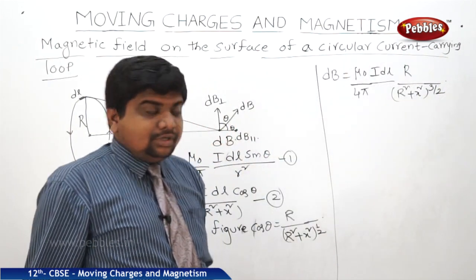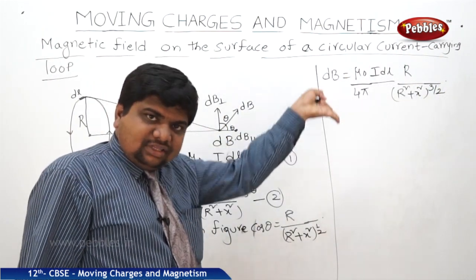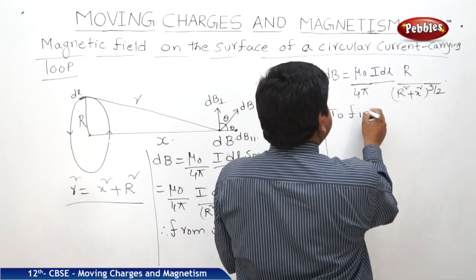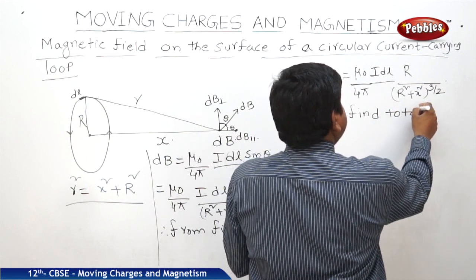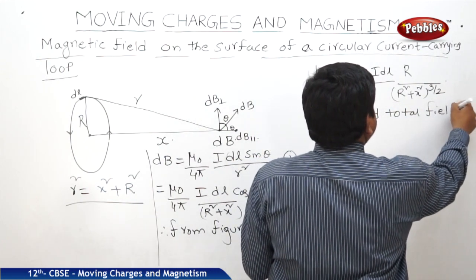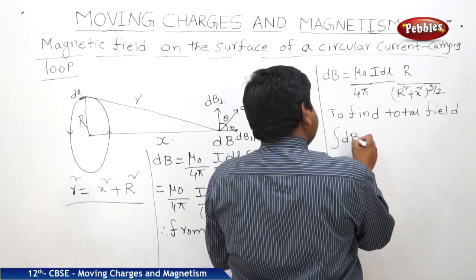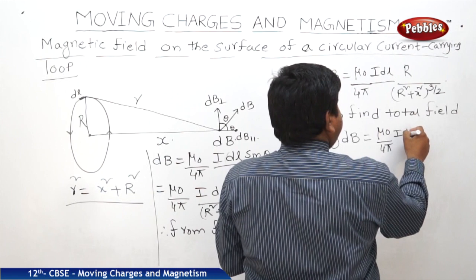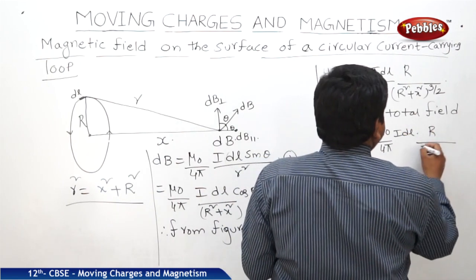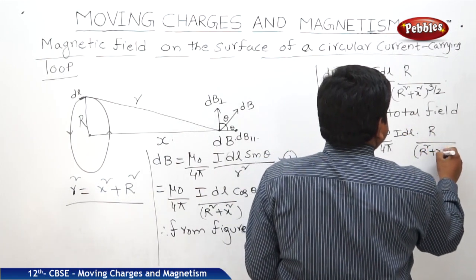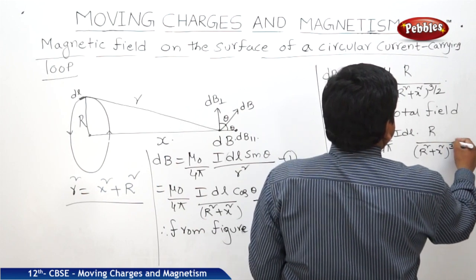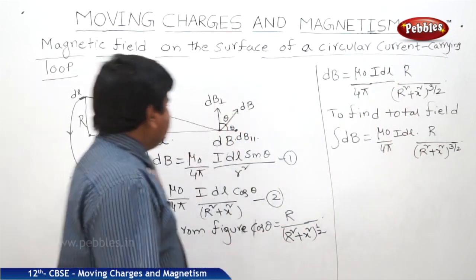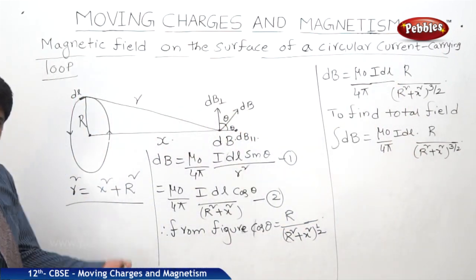This is dB. Over the whole length, we integrate to find the total field. So integral dB is mu naught by 4 pi into I dl into r by r square plus x square whole power 3 by 2. So integral over the length. What is the length of the circular loop? 2 pi r.